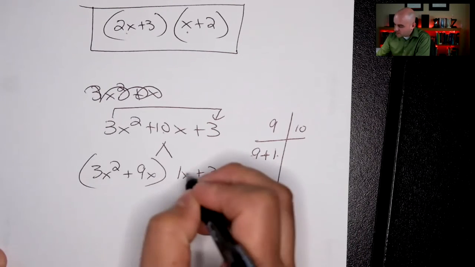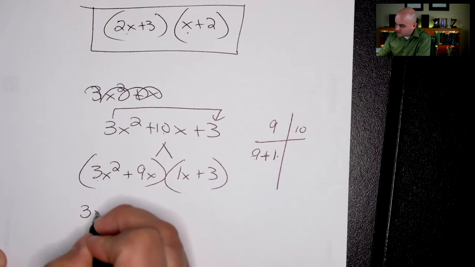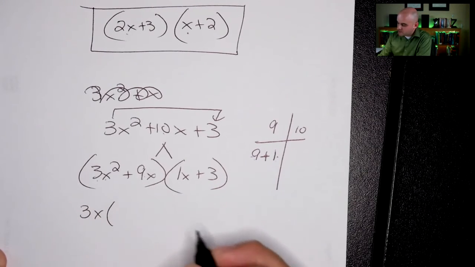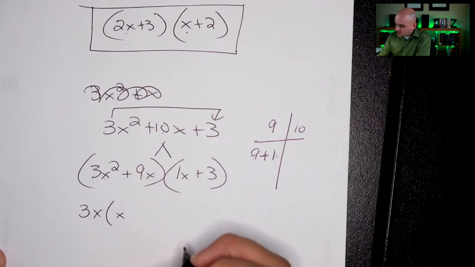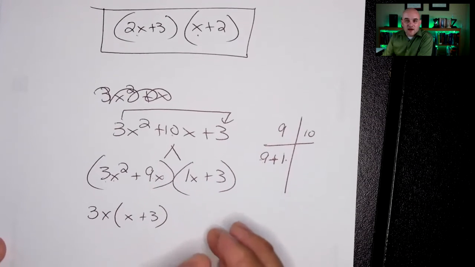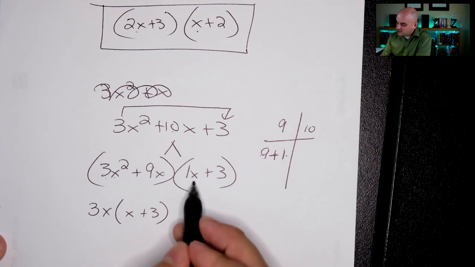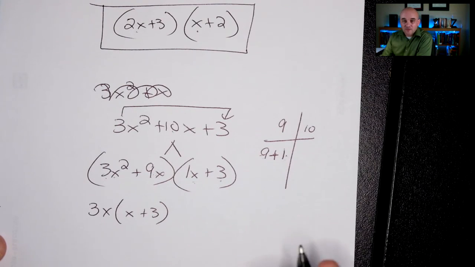Factor by grouping. In common here is a 3 and an x. So I'm going to divide each term by 3x. This gives me just x left over. And then dividing that by 3x, I get a 3 left over. You always have to factor out something. So in this case, the only thing in common between these two terms is 1. So factor out a 1.